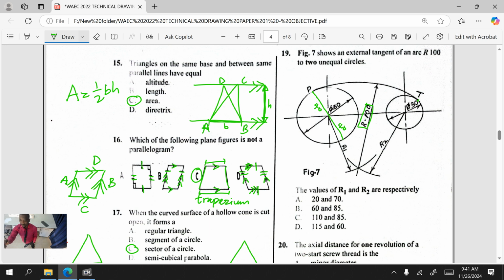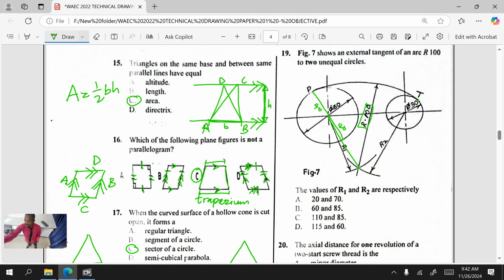So they are now asking what is the length R1. Let me extend it again from the center here down to this point, which is R1. So take note, from this center here, can you see the point?